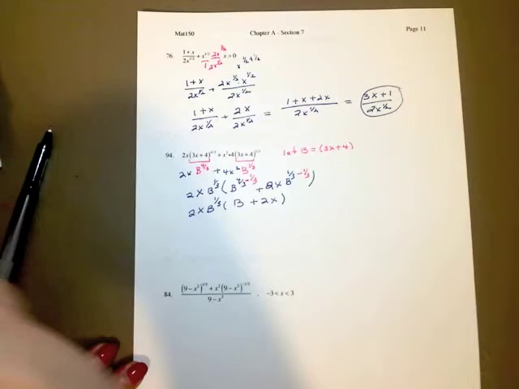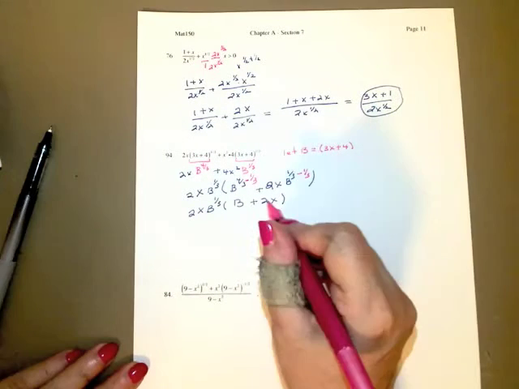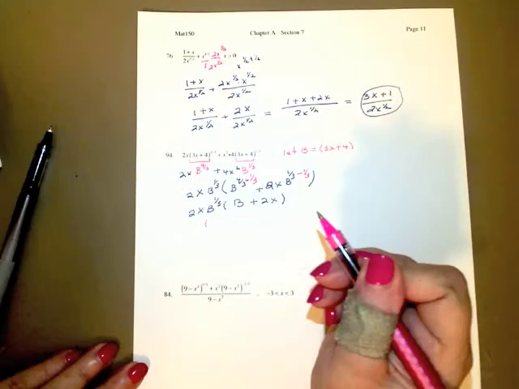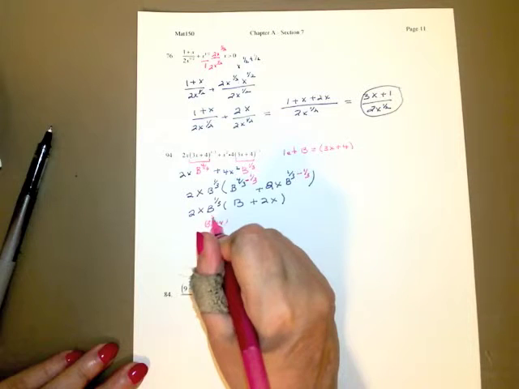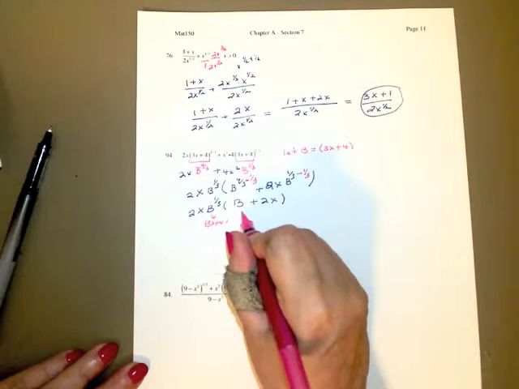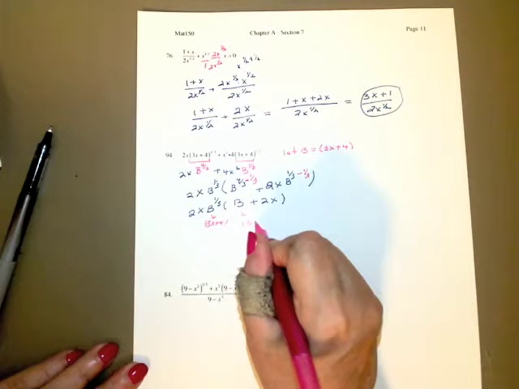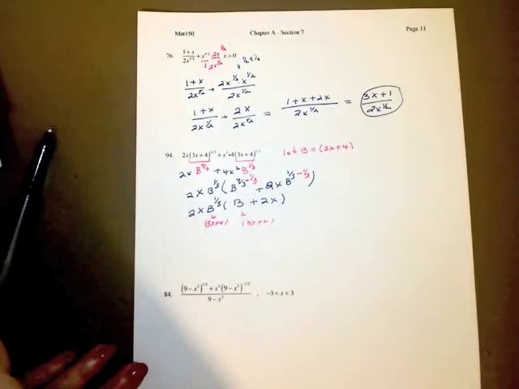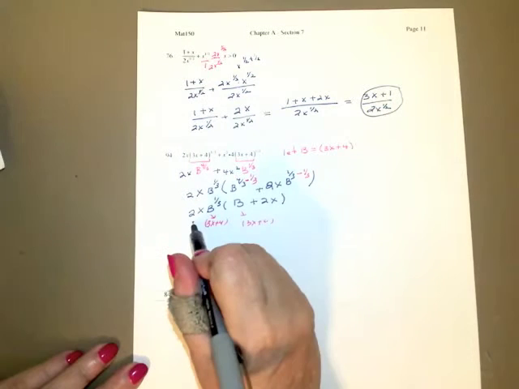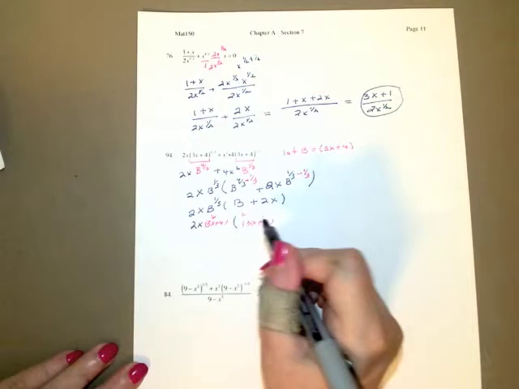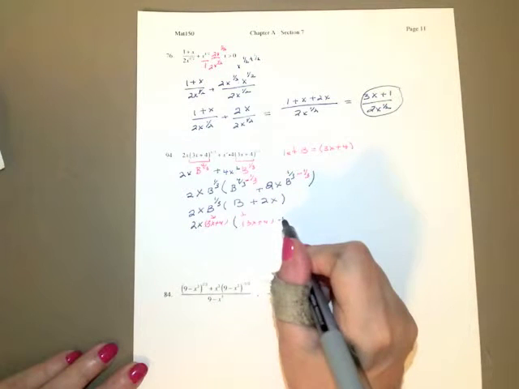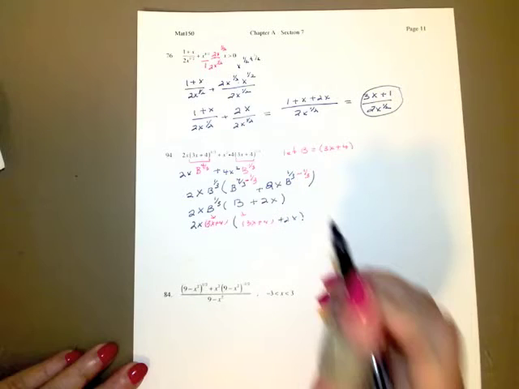So now I'm going to go back in and replace b by what it is, which is 3x plus 4. So this becomes 2x times 3x plus 4 times, b is 3x plus 4, plus 2x.